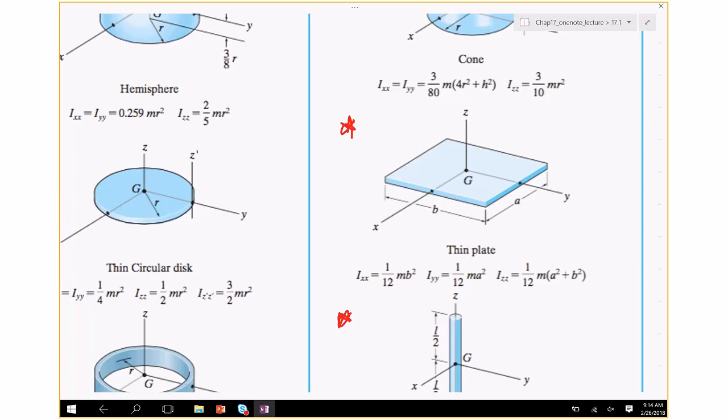So if it's, for example, pinned here and it rotates this way, then you would use that. If it's rotated about the y-axis, you use the second formula. If it's rotated about the z-axis, like this, then you would use the third formula. So you got to know this. Unless you know the direction of rotation, you cannot use it. So don't arbitrarily use any of these formulas. So see that they're different.